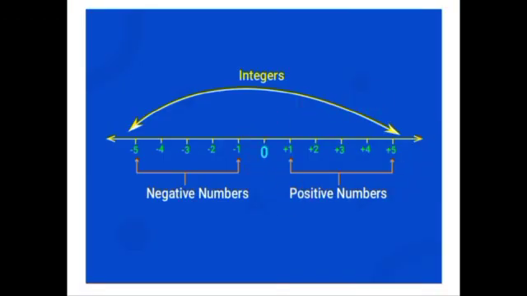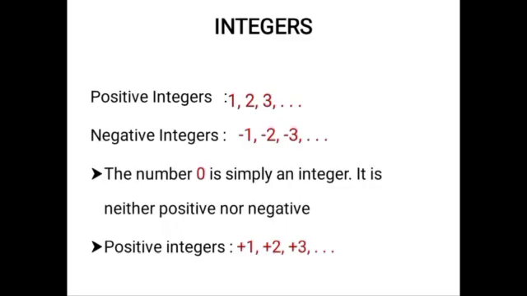The collection of whole numbers and negative numbers is known as integers. Here the positive integers are 1, 2, 3 and so on, which are known as natural numbers, right? The mirror or opposite numbers of positive numbers are known as negative integers, that is -1, -2, -3 and so on.